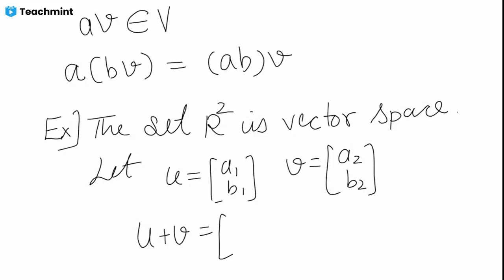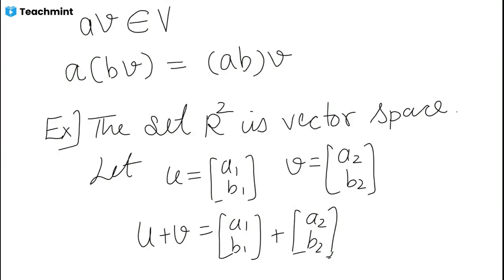These are also column matrices. So if we add them, obviously the result will be a matrix of the same order, because we add these elements and these elements, so we get the same form.